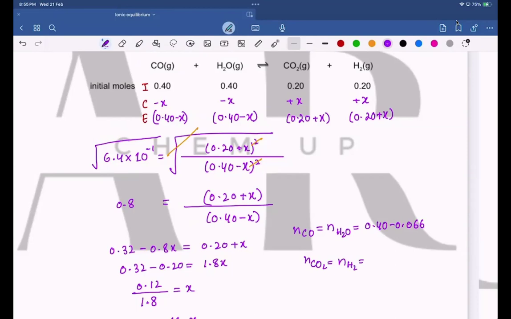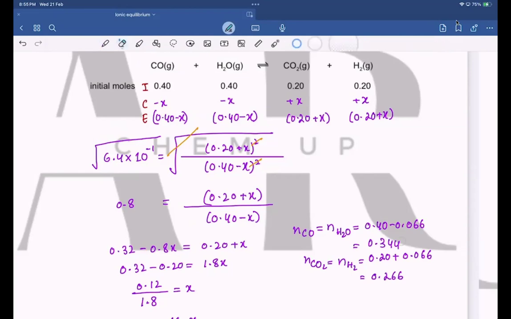So it will be 0.20 plus 0.066. Can anyone tell me the answer? It's 0.266, and here, sorry, 0.334. 0.344, isn't it?